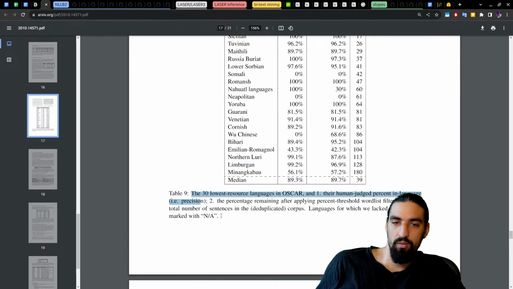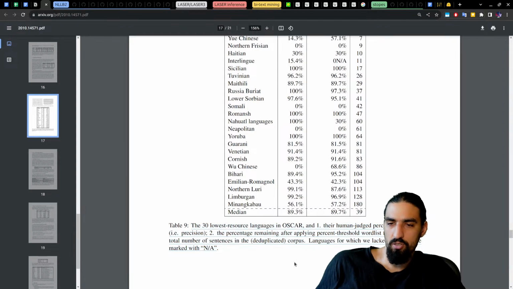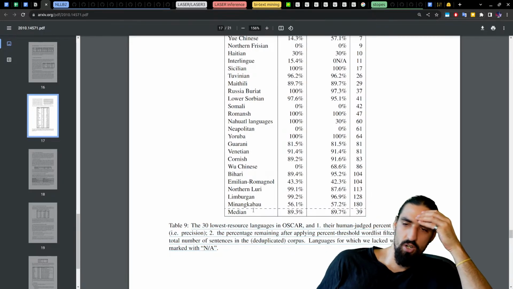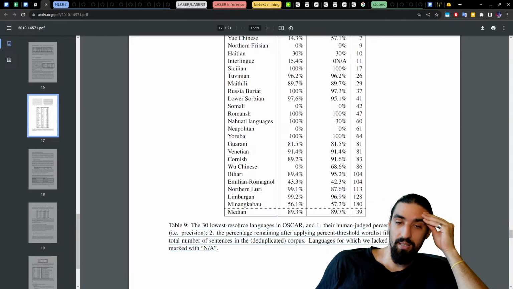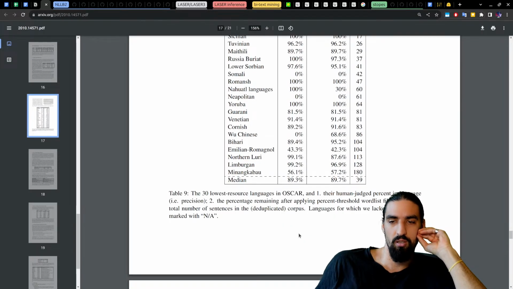Okay, table 9. The 30 lowest resource languages. Their human judged percent in language precision, the percentage remaining after applying the thresholding, total number of sentences in the deduplicated corpus.